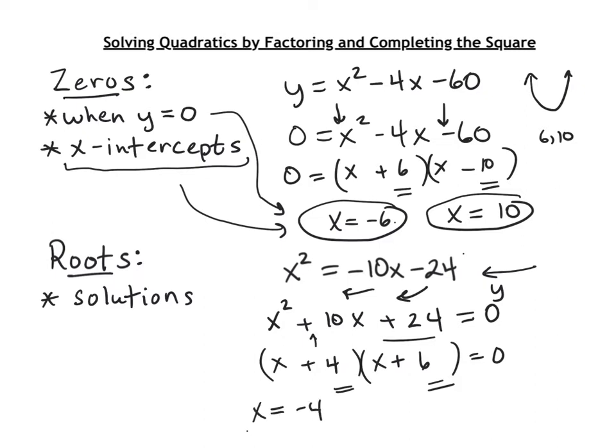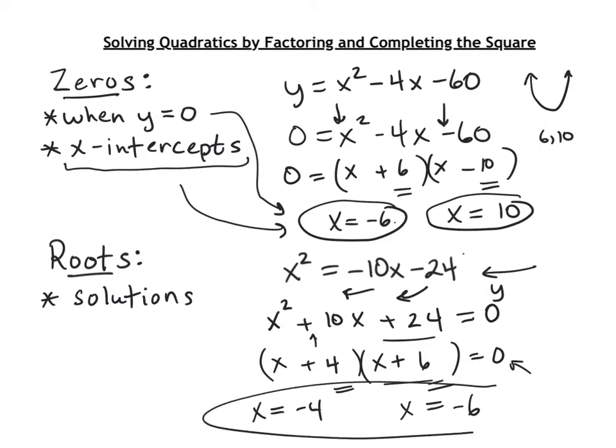Negative 4, because negative 4 plus 4 is 0, and 0 times anything makes 0. And then negative 6 is my other answer, because negative 6 plus 6 is 0, and 0 times anything makes 0. So these are the solutions or roots. And if I had a y equals, they would also be called the zeros.